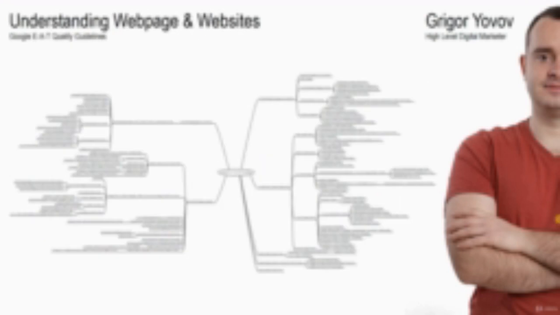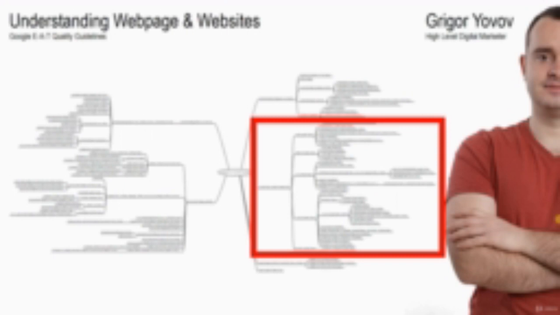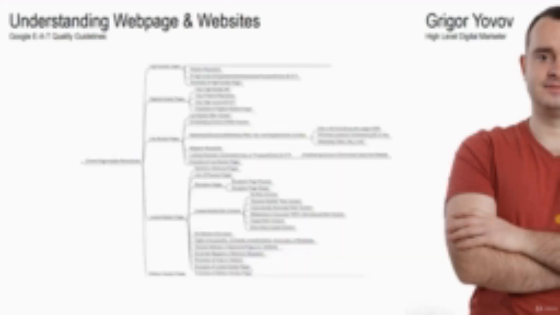Hello, in this section, we have looked at the page quality rating scale, and you got examples of highest quality pages, high quality pages, medium quality pages, low quality pages, lowest quality pages, and the factors that could lead to these grades.